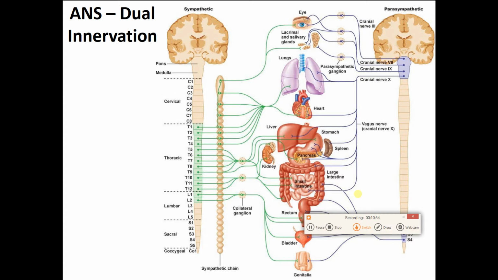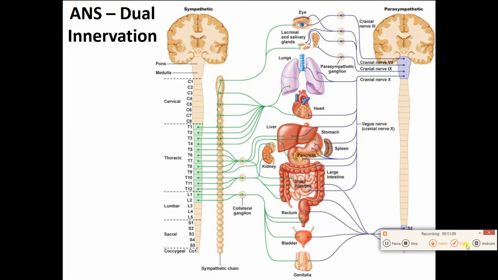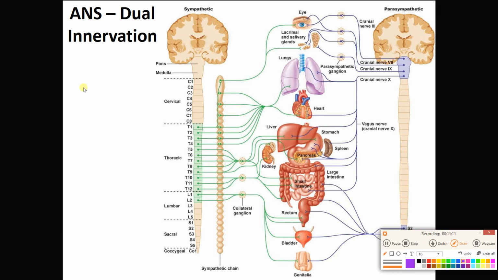What I want you to notice is that the ANS has neurons going to all of these structures pictured here. And remember, the ANS has two divisions: the sympathetic, also known as the fight or flight, and the parasympathetic, also known as the rest and digest.